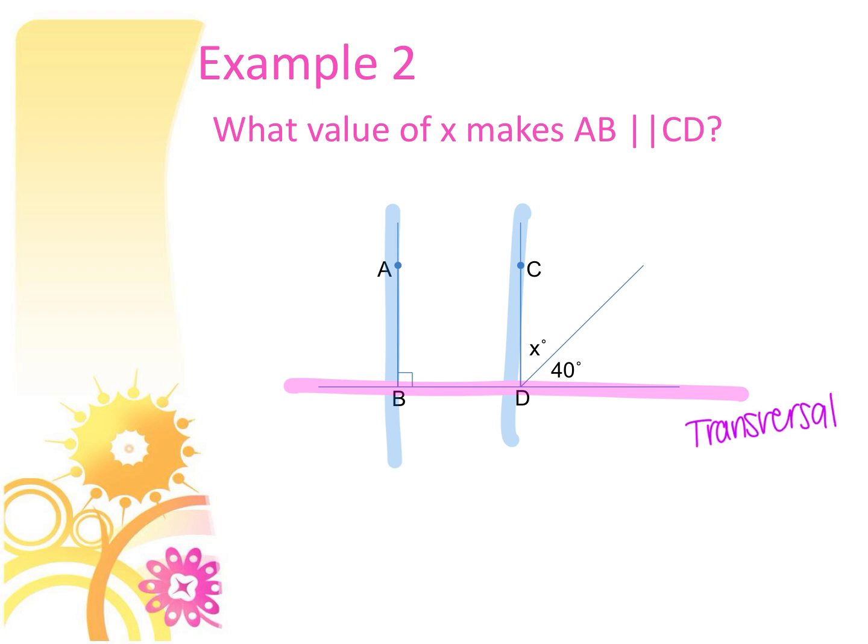Good, if AB is a right angle, if segment AB is a right angle to my transversal and CD makes a right angle, what would x equal? Okay, so I would do 90 minus 40 because they're 90-degree angles. I would get 50, so this would be 50 degrees.